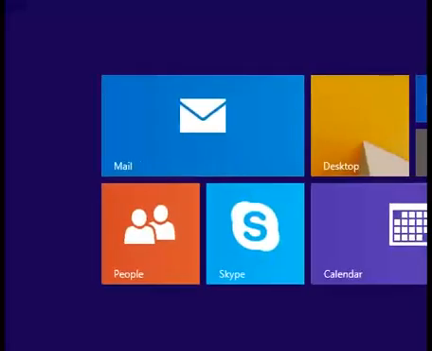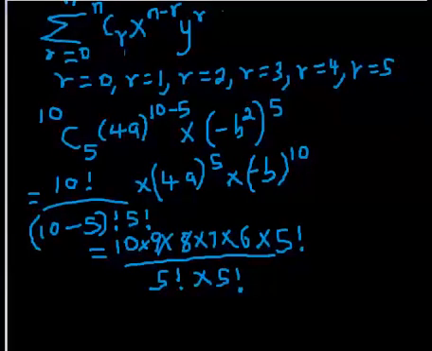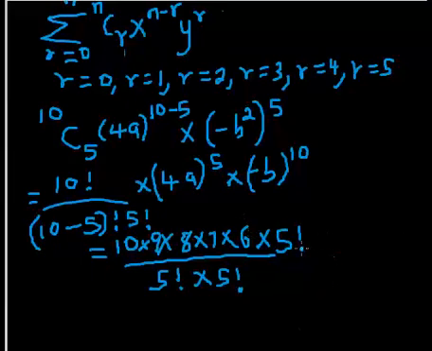What is it really? Let's work with the calculator. 4 raised to the power of 5, I have 1024. So that is going to be 1024 times, don't forget the times, 1024.